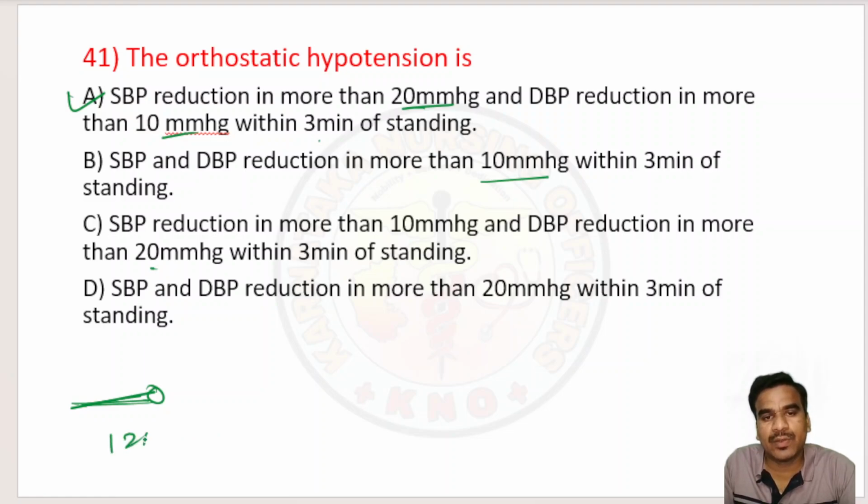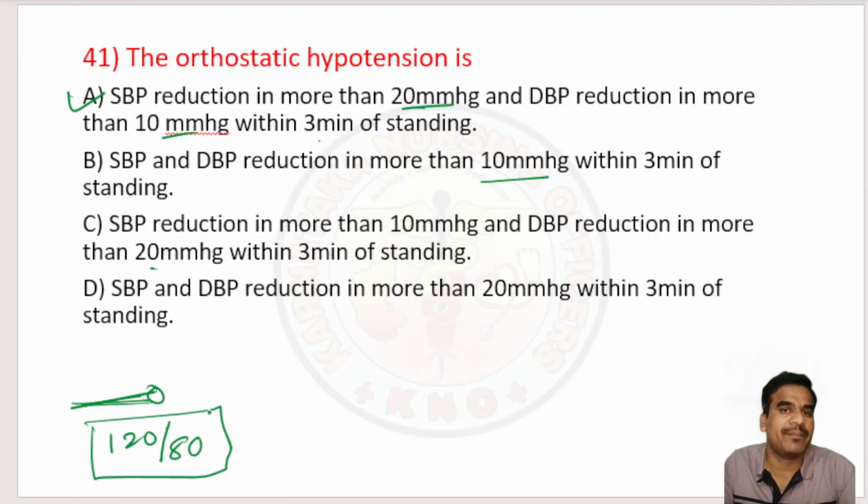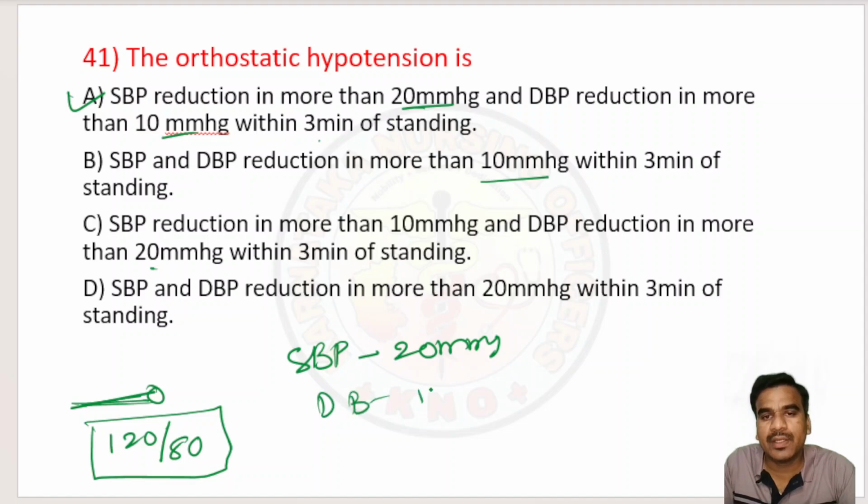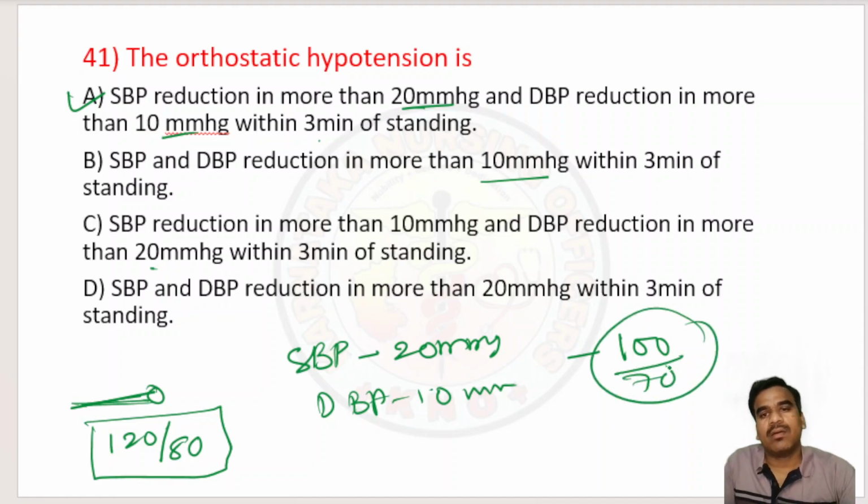Suppose SBP is reduced by 20 mmHg and DBP by 10 mmHg, so roughly we can say 100 by 70. If that comes, that is what is called orthostatic hypotension.